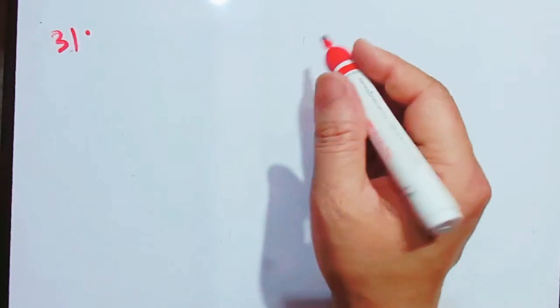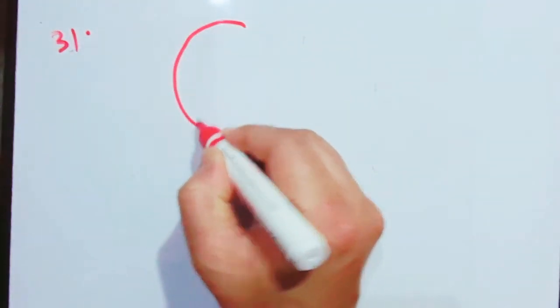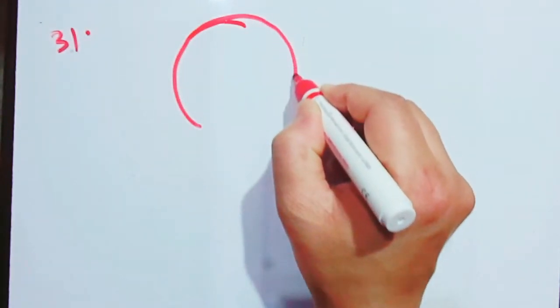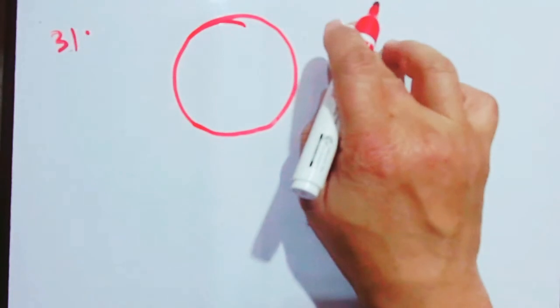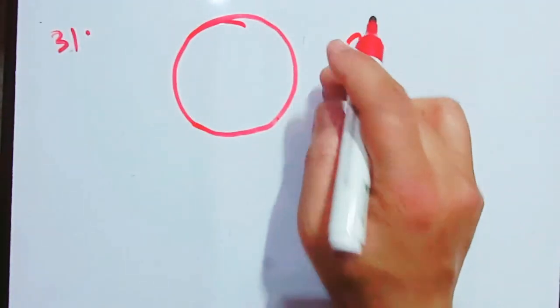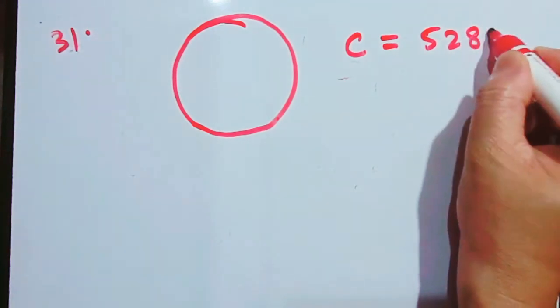Okay. Number 31 says the circular racing track has inner circumference 528 meter. So you can say that this is the circular track. Now this circular track says that my circumference of the red one is equal to 528 meter.